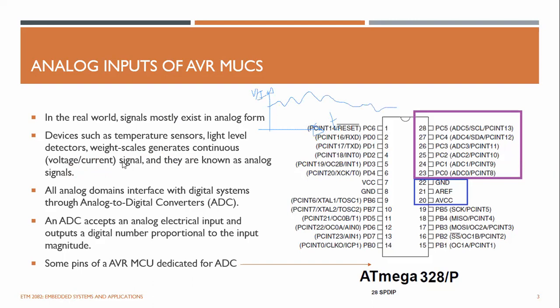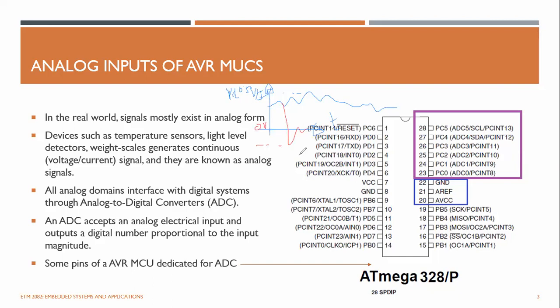When you're coupling an analog signal for processing, make sure you are not exceeding the maximum voltage, which is the VCC. Sometimes you can go up to VCC plus 0.5 volt, and the analog signal can sometimes go below the ground level.